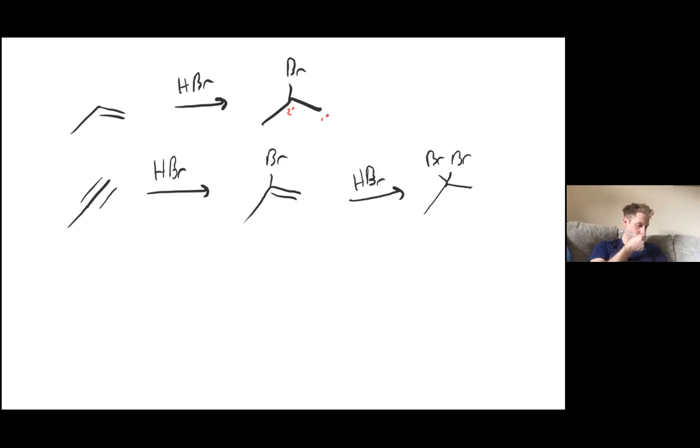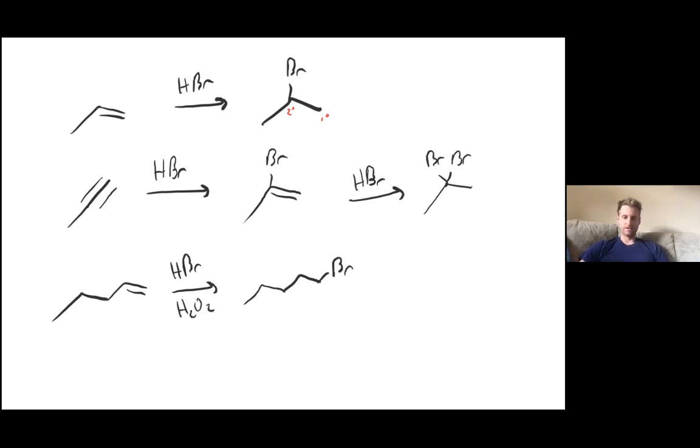We can also do this with HCl, or HBr and peroxide. This is going to give us our anti-Markovnikov product.